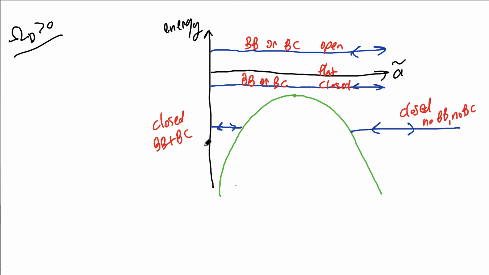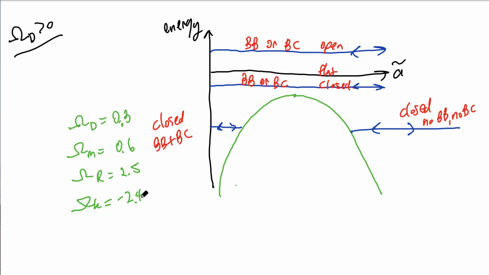Just for fun, let me give you some examples of this type of behavior. If you take omega d equal to 0.3, so it's positive, omega m equals 0.6, and omega r equal 2.5. And remember, the omegas are not independent from one another, so these imply that omega k is equal to minus 2.4.